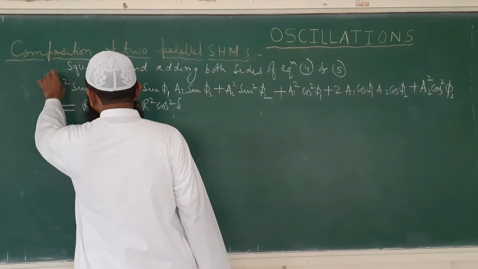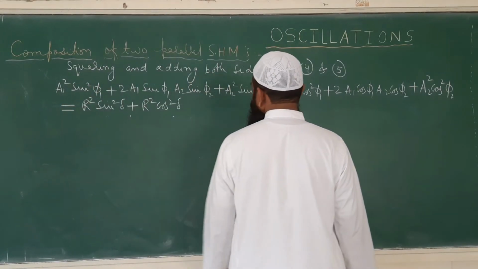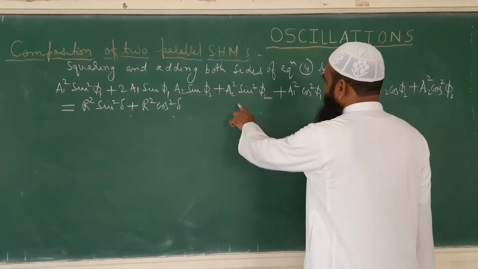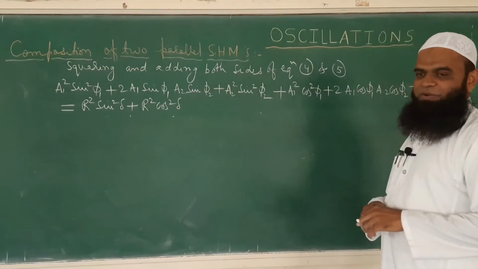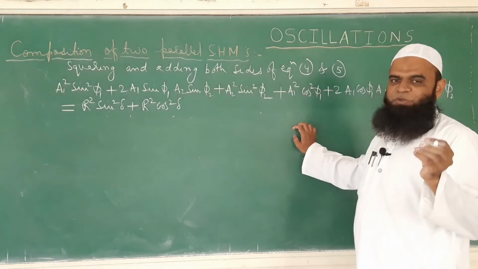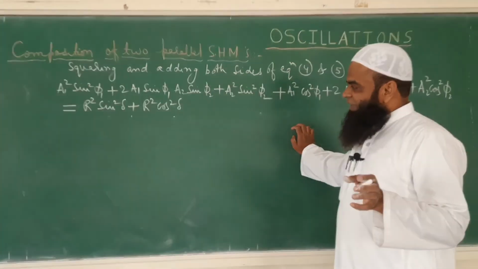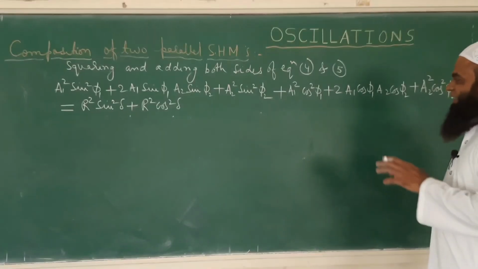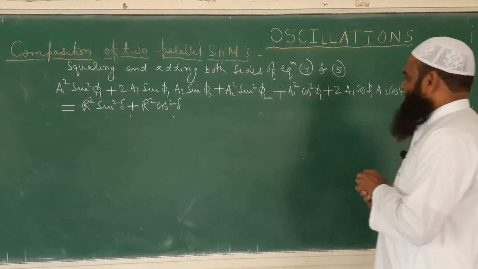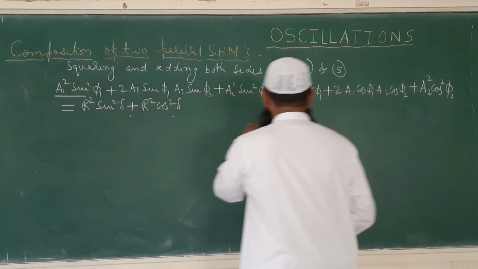Now observe this first term, a1 square sin square phi 1, and similarly a2 square sin square phi 2. As we know, sin square theta plus cos square theta is equal to 1. So we can use that trigonometric relation for minimizing this equation. For that purpose, we will have to collect the same terms.